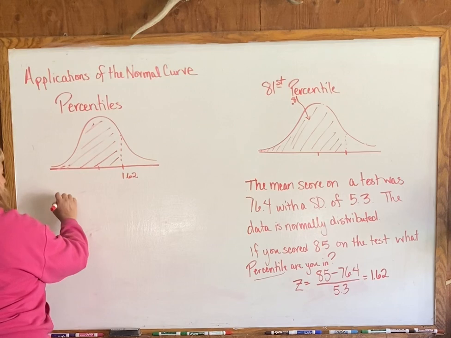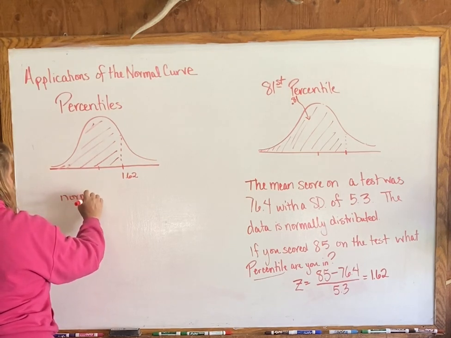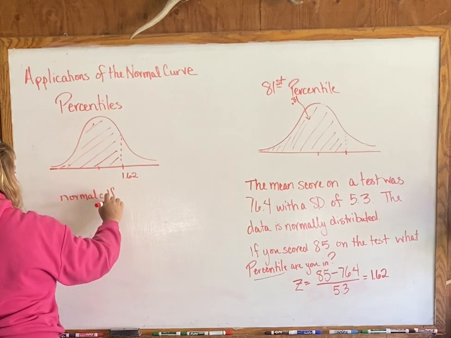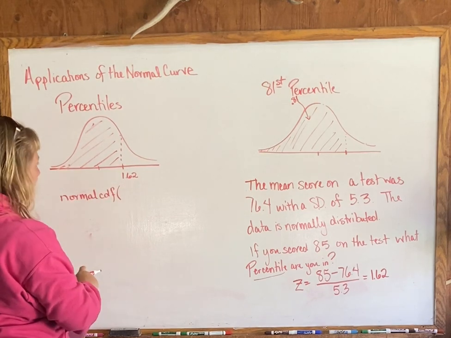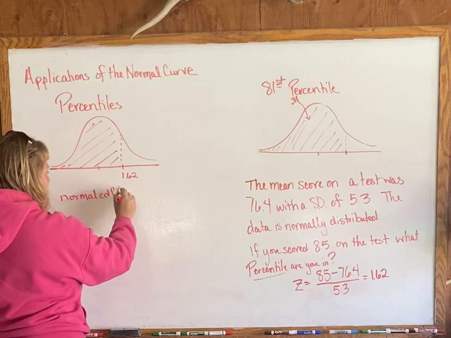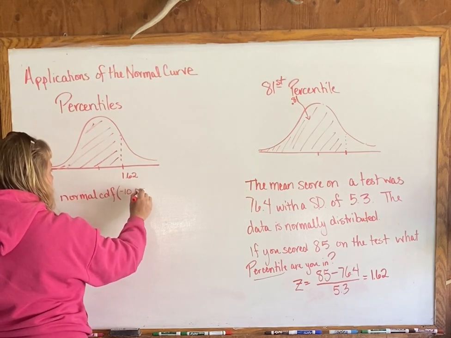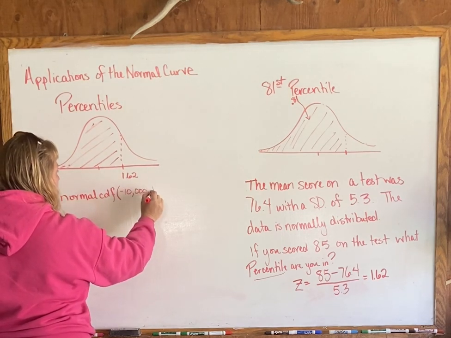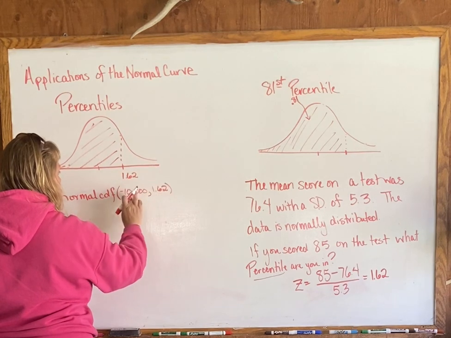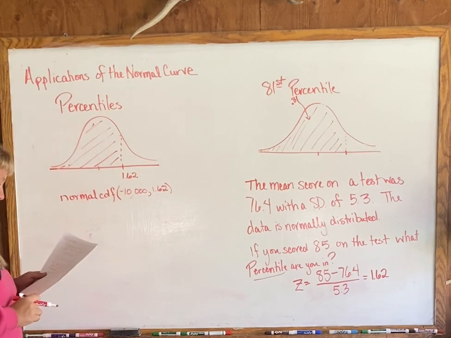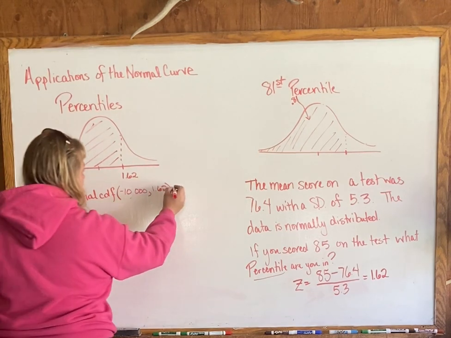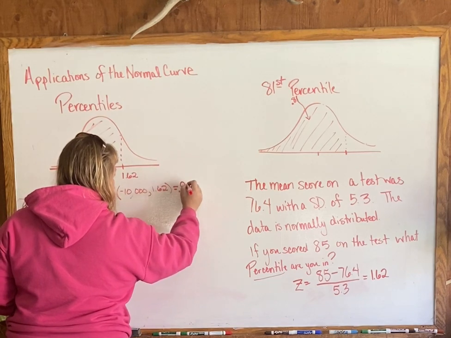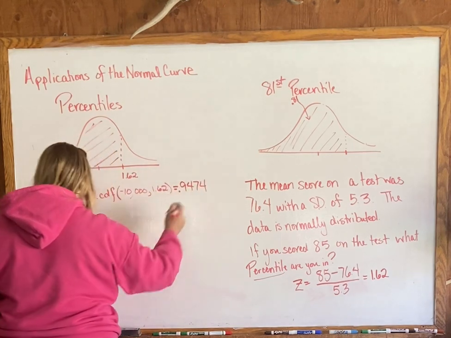So we're back to a normal CDF. And remember, we're looking to the left, so our boundary over there is going to be negative 10,000, and then comma 1.62. So plug that into the old calculator, and we should end up with 0.9474.